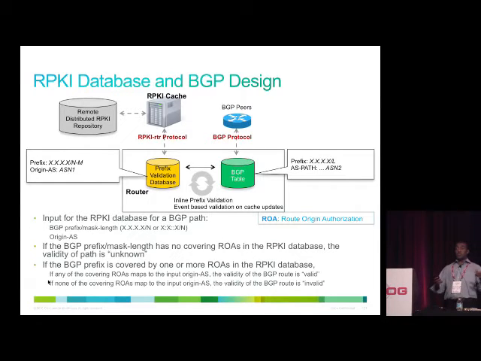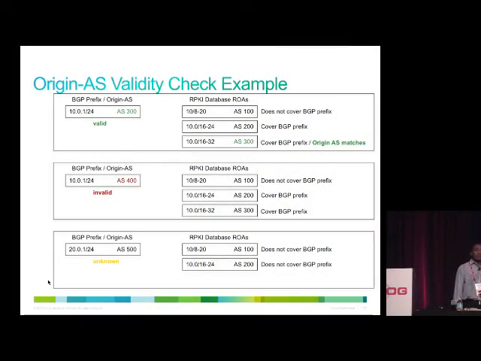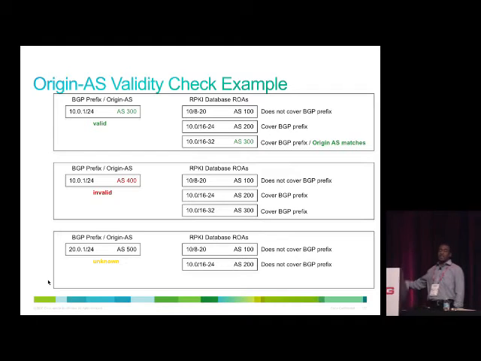Depending on whether it is found inside the database, it is either valid or invalid. If it is not found in the ROA database, then it's classified as unknown. Okay, so now 3 states: unknown, valid, and invalid. Based on these 3 states, you can make routing decisions. So here's an example. Let's say the router has an ROA of 10.0.1.0/24 with the origin AS shown on the right side, and receives a route which is 10.0.1.0/24, and it gets a match which matches the AS that's received.